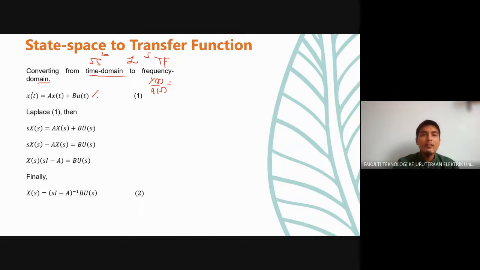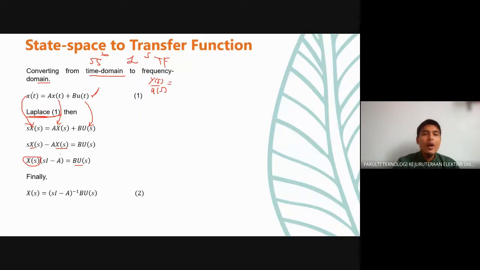We Laplace it: x dot(t) becomes sX(s), Ax(t) becomes AX(s), Bu(t) becomes BU(s). After that we collect X(s) together and set it equal to BU(s).